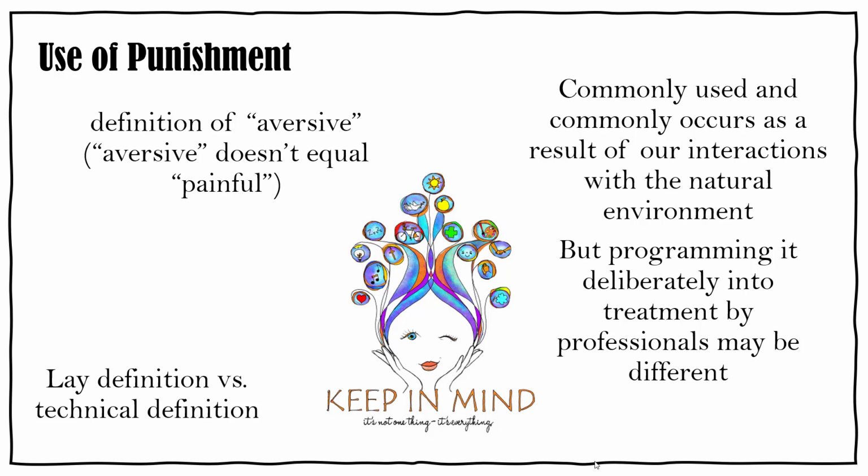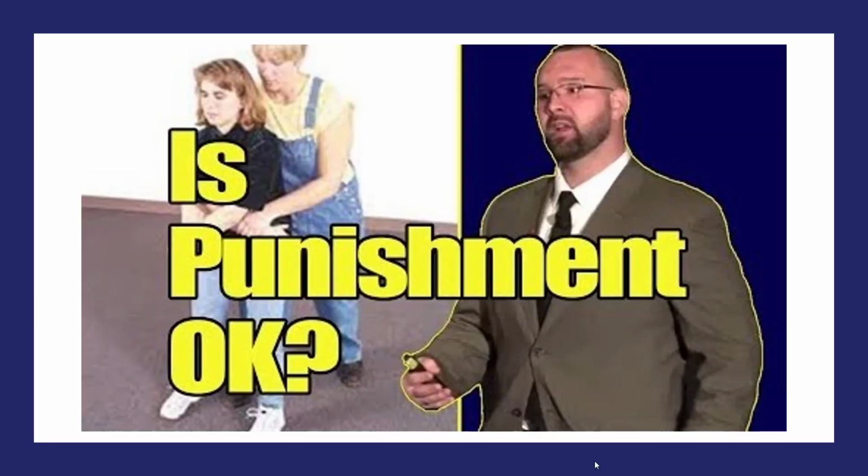So if you are going to deliberately program it into your treatment, you need to make sure that you've fully explained it to the parents. They know what you're doing, they know the procedure, and they are on board, or you've explained it to your IEP team. So everybody needs to be on board. The parents need to provide consent and everything like that.